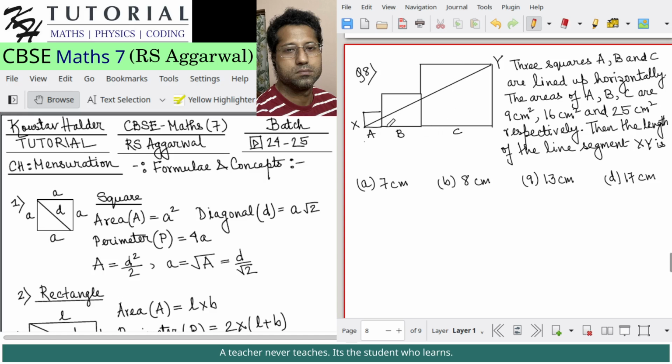Okay, so ABC, you can see the base of all the squares are on a straight line.